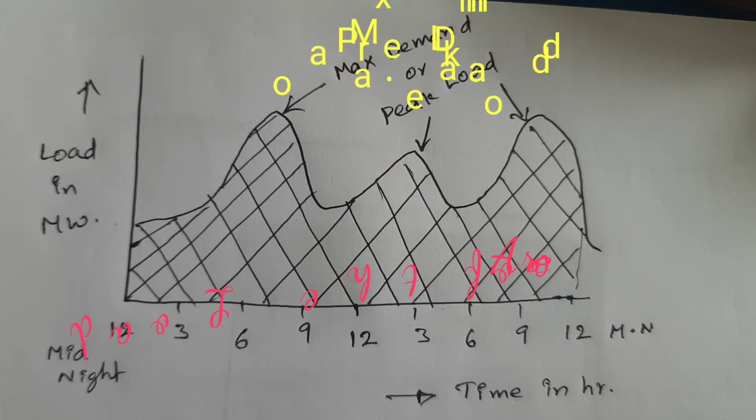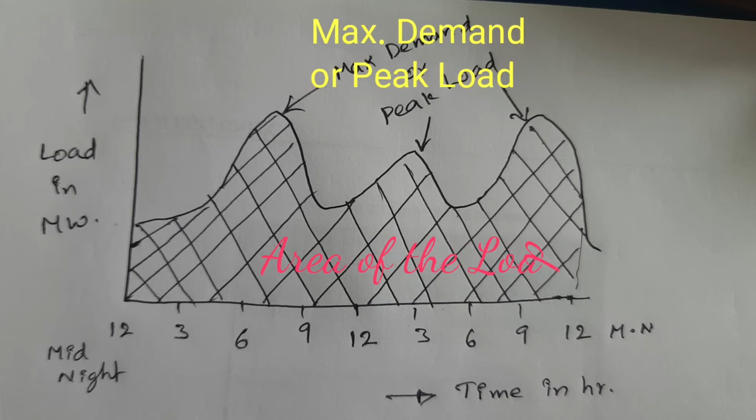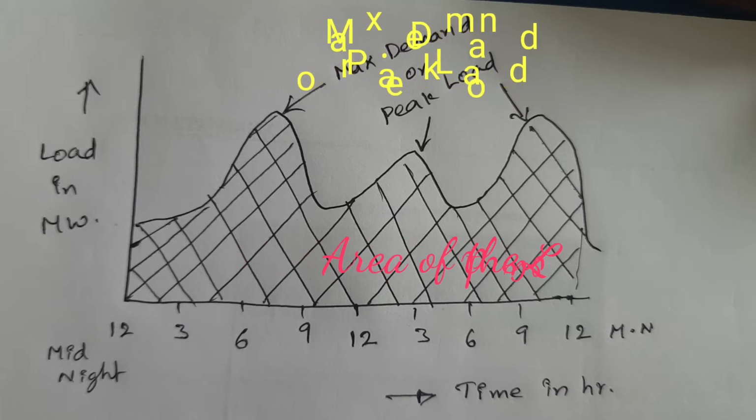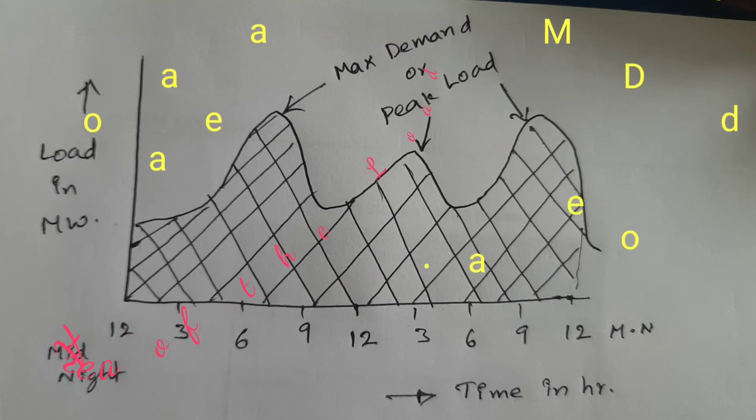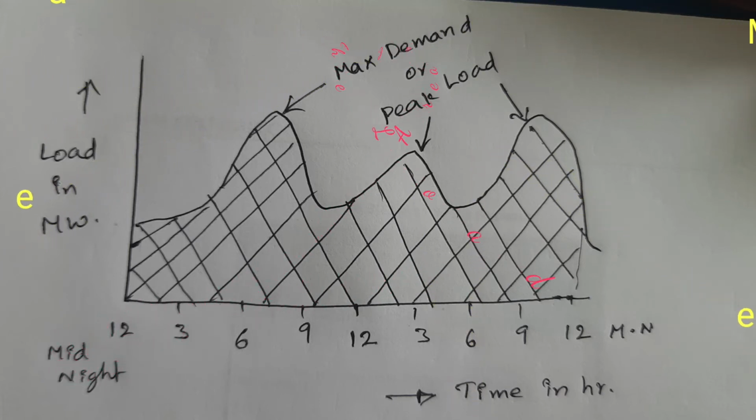These load variations during the whole day, that is 24 hours, are recorded hourly and are plotted against time on a graph. The curve thus obtained is known as daily load curve, as it shows variations of load with reference to time during the day.